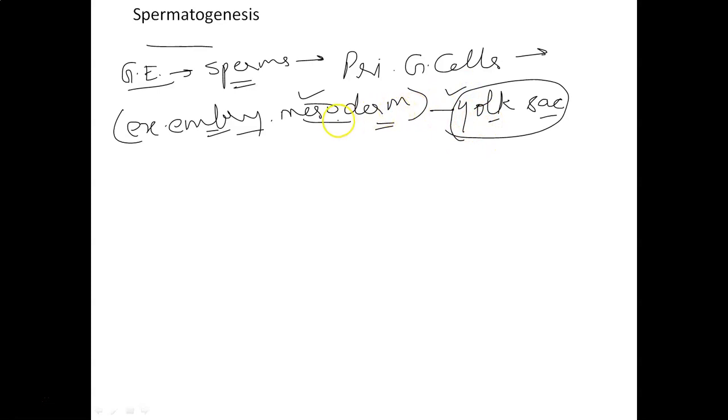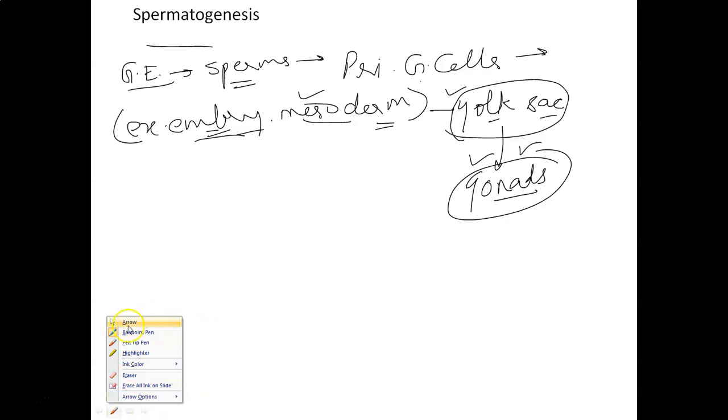So the germinal cells will be carried to the yolk sac, and from the yolk sac they reach the gonads, which are formed in the growing embryo. So the primordial germinal cells have an extra embryonic origin. That's important from the point of view of competitive exams like NEET, right?